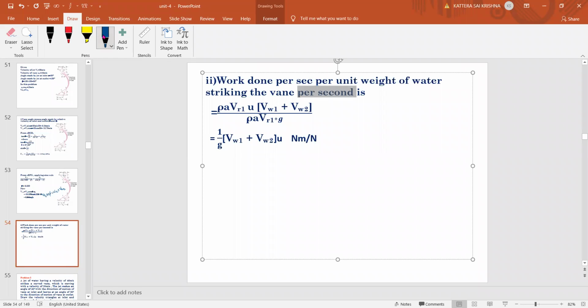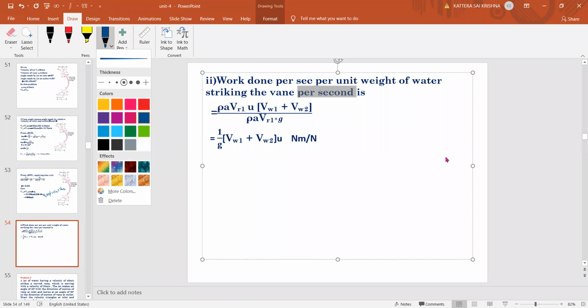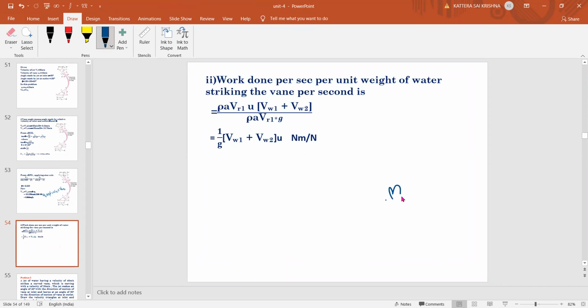So already we know mass per second. What is that? Mass flow rate, we already know, no? Rho A VR1. We know mass per second as rho A VR1. But what is asked is per weight. So weight is M into G, mass into G. This term rho A VR1 is the mass. So mass into G. So that is the thing which I have written here. Okay.